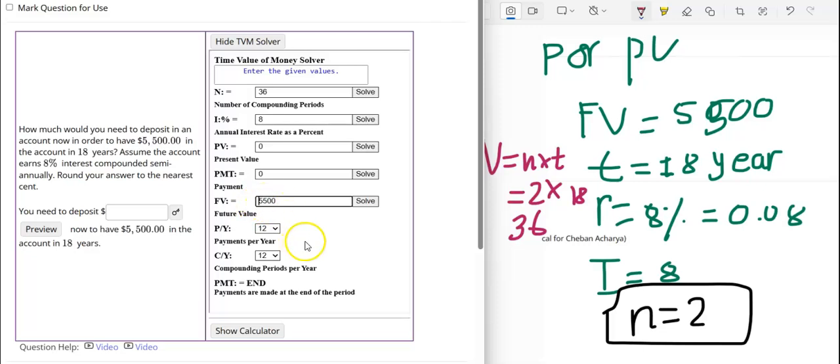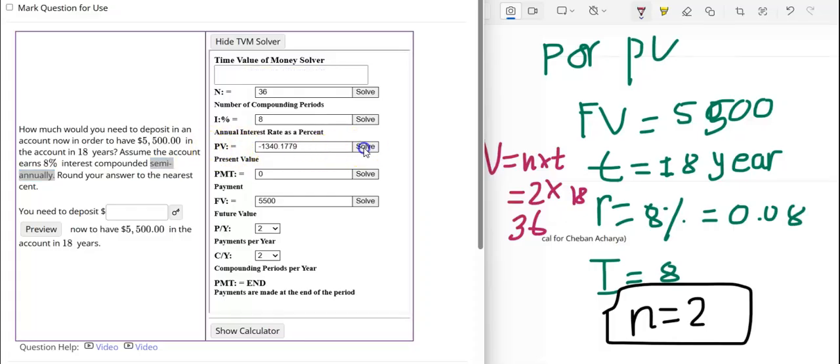Okay, all right. So P/Y, C/Y: payments per year and compound periods per year is 2, because it's semi-annually. Again, you have to read the word carefully, the compound period. Semi-annual is 2, so you put 2 here, and now you solve for present value.